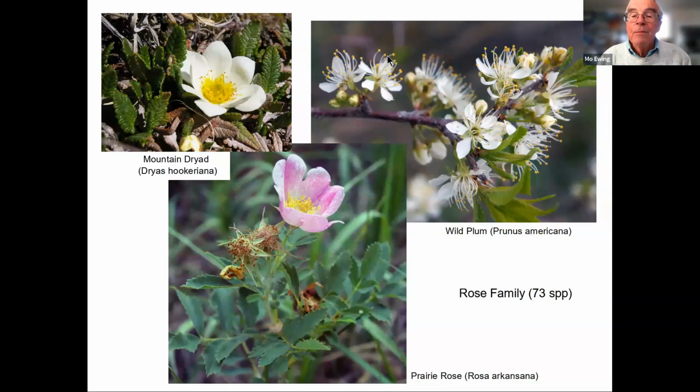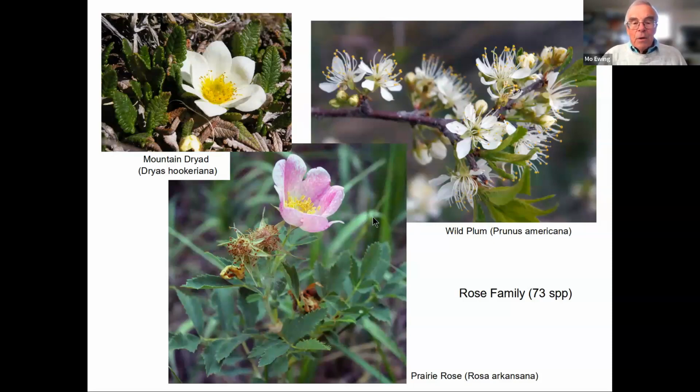You can see these stamens are sticking way out. But this has 5 sepals and 5 petals like the others, and 15 to 30 stamens, but only 1 pistil. But you could see in spite of the fact that they have different numbers of pistils and stuff, there's a certain similarity to how all of these species look.